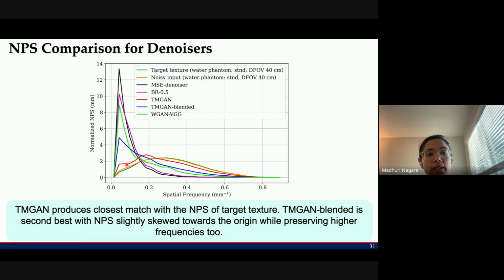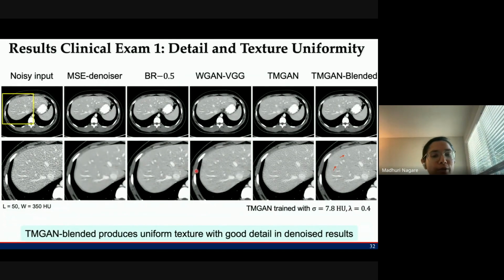So TMGAN has the best noise power spectrum in this image, and TMGAN blended is the second best, and it also preserves a lot more higher frequencies than other methods. So TMGAN blended matches the noise power spectrum as much as possible, and it also preserves the detail and uniform texture. So let's look at the images.